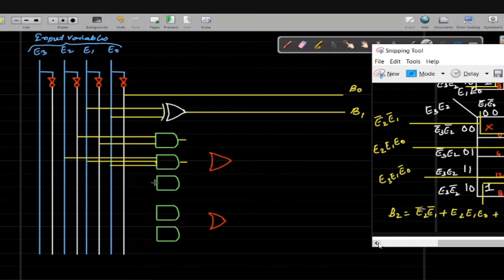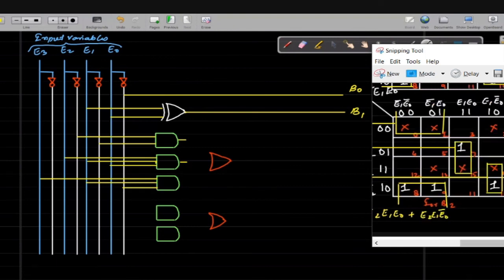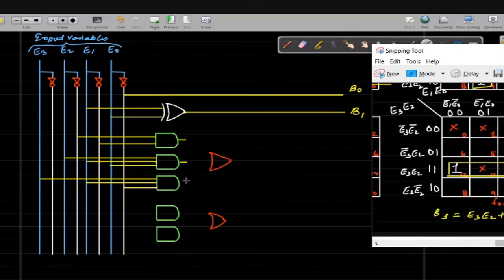Then the third term is E3, E1, and E0 bar. So this is E3, this is E1, and E0 bar. So this is available here, so we can connect it, and at the output of this AND gate you will get your third product term.